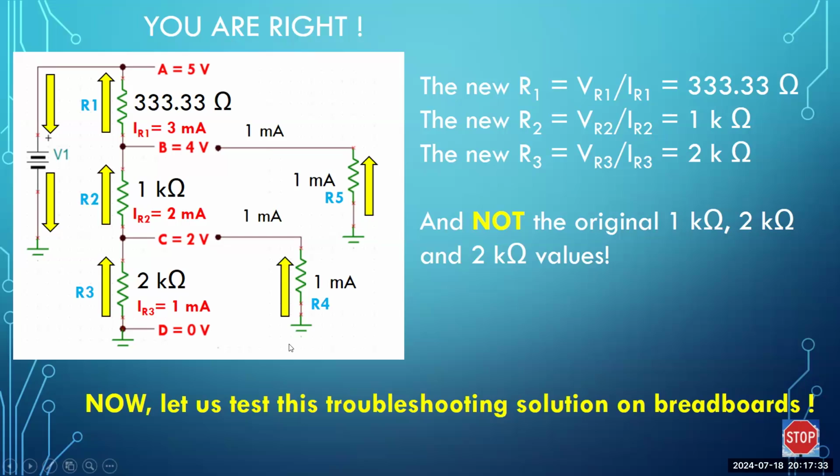Now we can see all the currents flowing, their values and directions, how they meet in the nodes and exit the nodes, and everything balances out. So now let's do some troubleshooting on the breadboards.